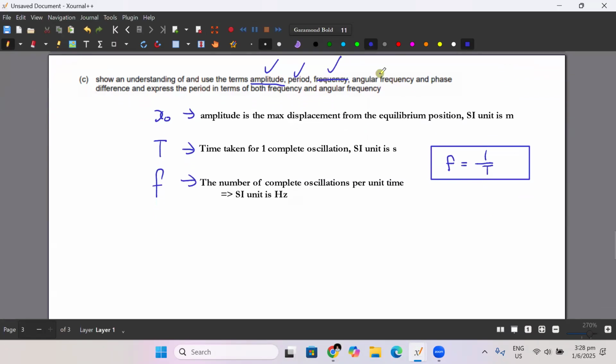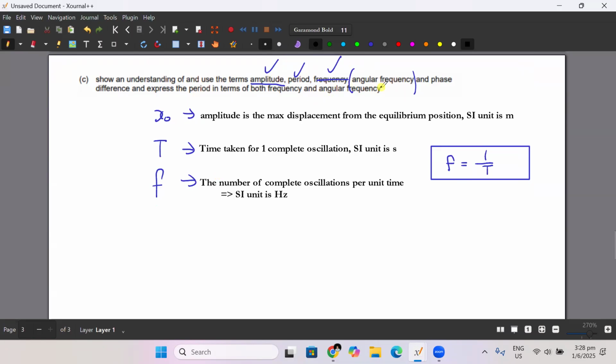Amazing. Now we end up with this one, angular frequency. Low key quite interesting. It's not a super simple concept, and a lot of people mix it up with angular velocity. The reason they mix it up is because it's the same symbol. But you must know they are very different concepts in H2 physics.